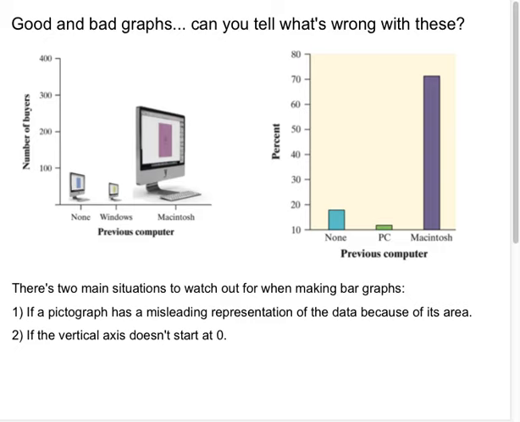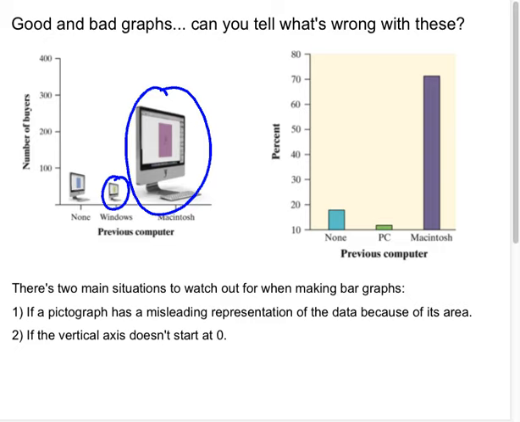So here notice this looks absolutely huge compared to that, when the values themselves aren't that different, but our eyes envision the area, and the area is exacerbating the difference between those values in that picture graph, okay? So that's why I usually avoid using anything like that, okay? Just make a bar graph if you want to. Don't make picture graphs. They may be pretty, but they're very, very misleading, okay?